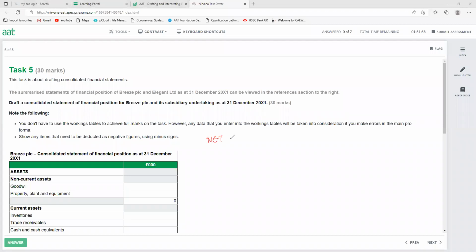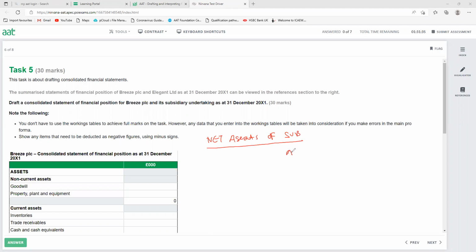Net assets of sub. Sub means subsidiary. If we remember this calculation, our workings and our life will be much easier. We need to split it into sections.